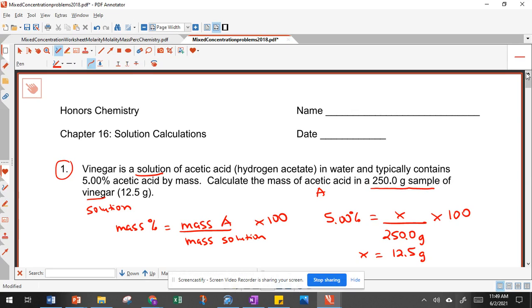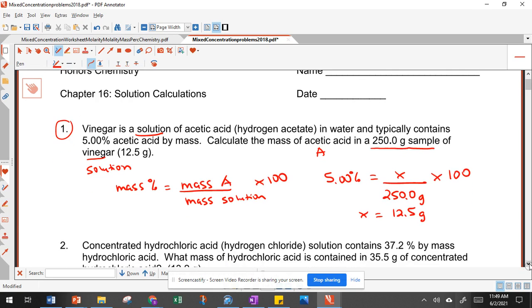Now, one last thing I want to mention is sometimes they would ask you how much solvent is required. So in a problem like this that we just did, here we found that there's about 12.5 grams of acetic acid in 250 grams of vinegar.